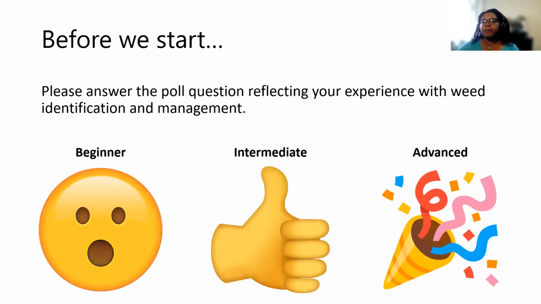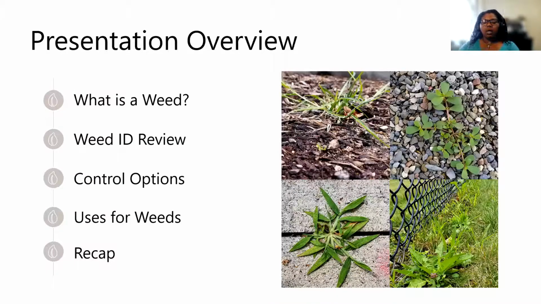In this presentation, we're going to go over 5 areas. We'll start with discussing what exactly is a weed. We'll do a brief review of weed identification, but most of that time will be spent on an identification activity. We'll send you into small breakout groups, and I'll explain more when that comes up.